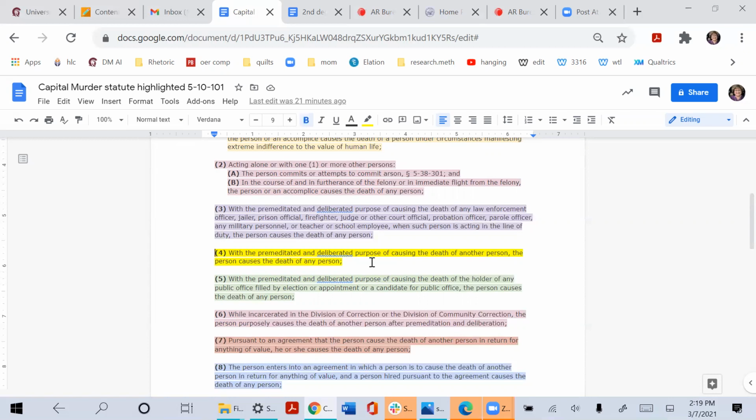And of course, capital murder is the highest charge you can have, the worst kind of murder. And the worst kind of murder is the one that is premeditated and deliberated. That is, you in fact planned this and thought about it over some kind of period of time.